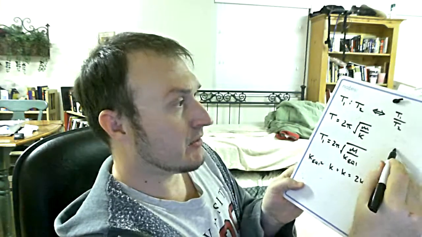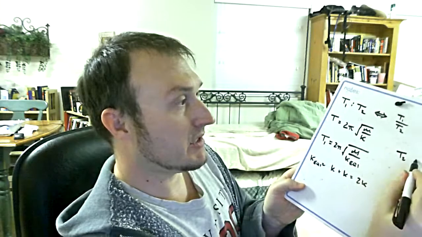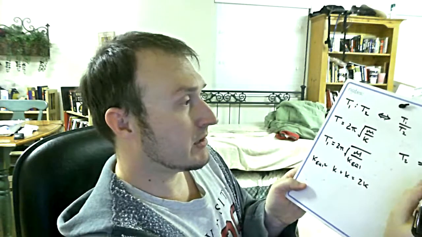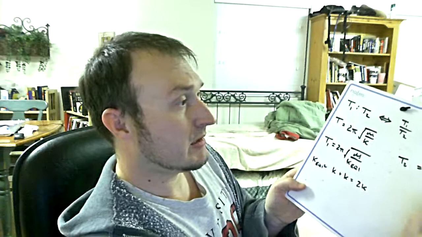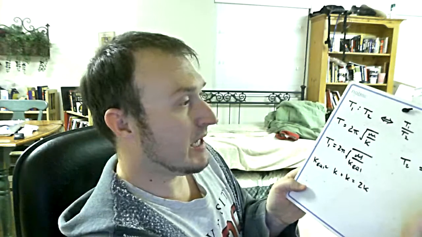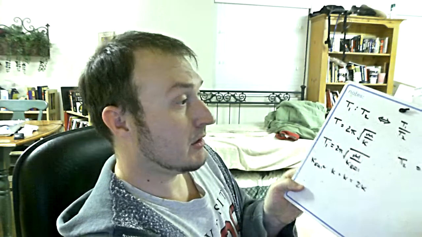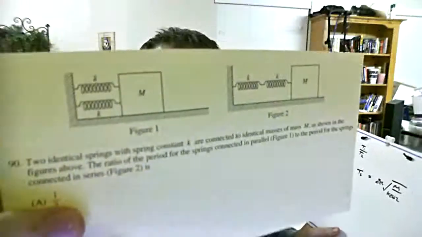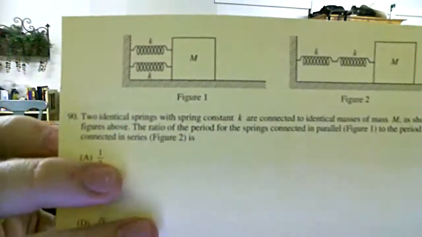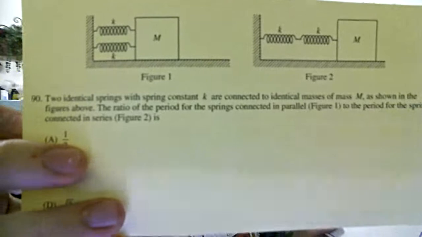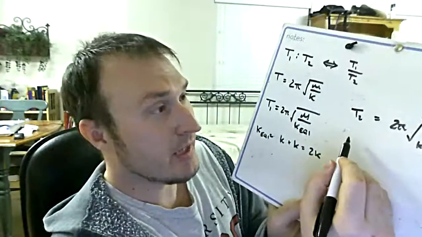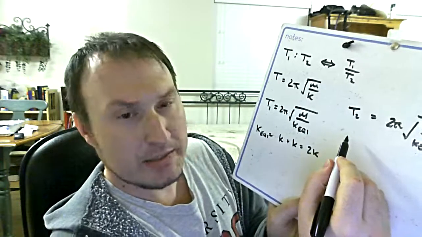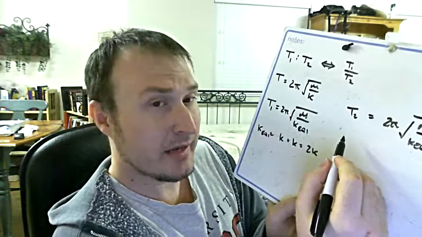I'm going to give myself a little more space because this one's a little different. T2, of course, is going to equal 2 pi times root of big M over k_eq2. What is k_eq2, the equivalent spring constant in the second situation, where you can see those two springs are connected to each other? They're lined up there. As it turns out, springs in series add very much like resistors do.